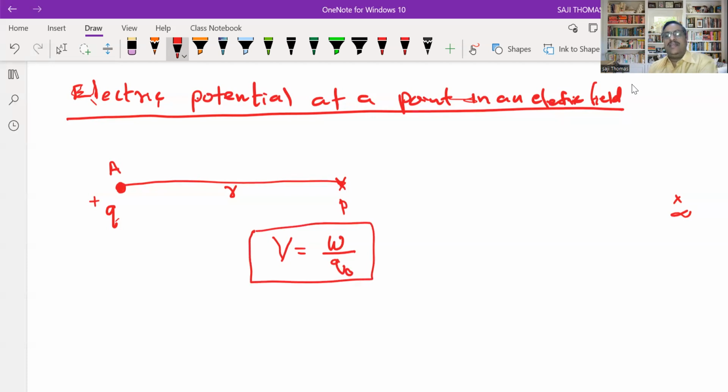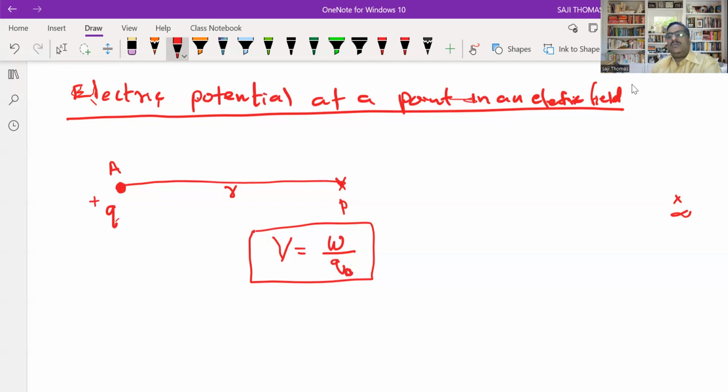So this is the definition for electric potential. I repeat again the definition for the electrostatic potential. It is the amount of work done to move a unit positive charge, 1 coulomb charge, from infinity to the particular point. The equation for potential is V is equal to W by Q0.